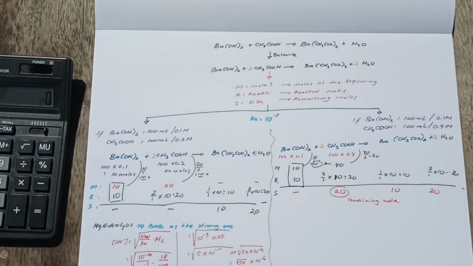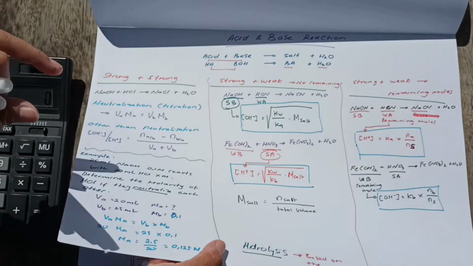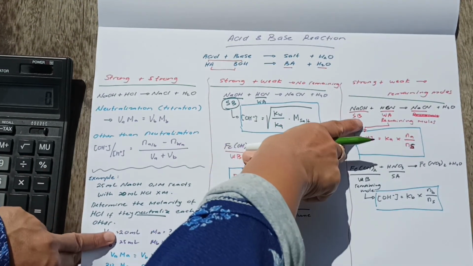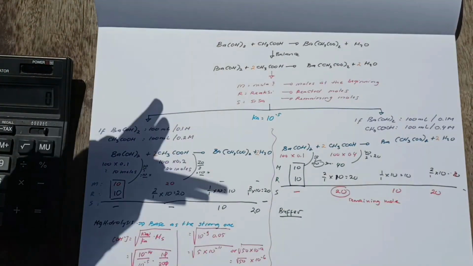So, if you have the remaining moles of the weak one, it's straight to be buffer. So, if this is buffer, look at this and see the weak one is acid. So, we're going to use this formula.